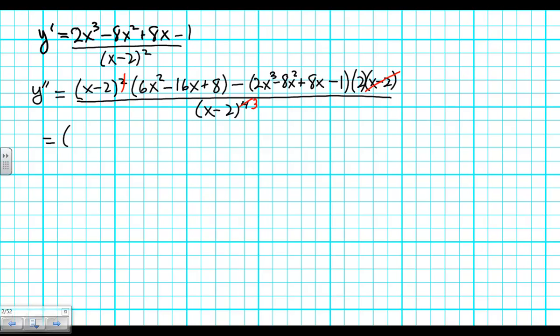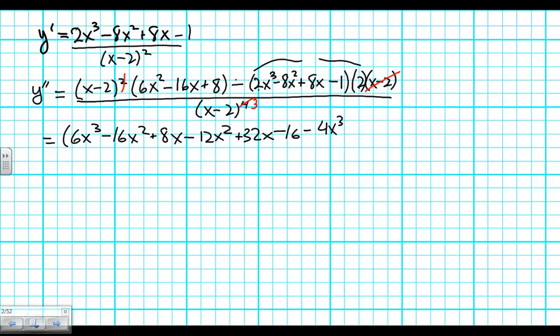All right, we still have to expand this out, and we're going to get 6x cubed minus 16x squared plus 8x minus 12x squared plus 32x minus 16. And then we got to clean this still up, and we're going to get a negative 4x cubed. Well, we got a negative sign here, and then we got a 2 there.